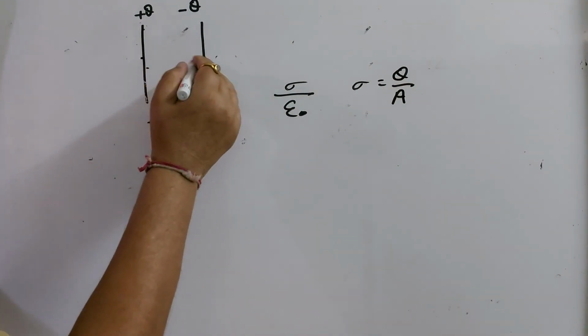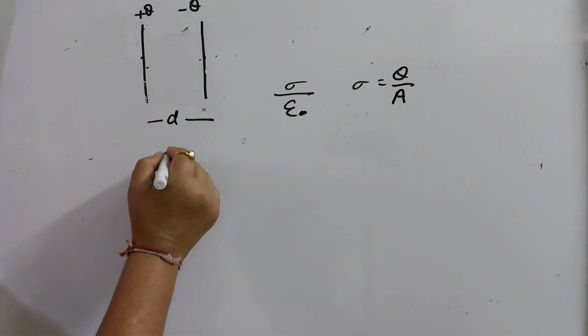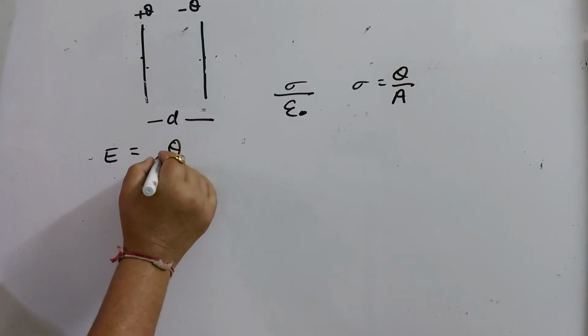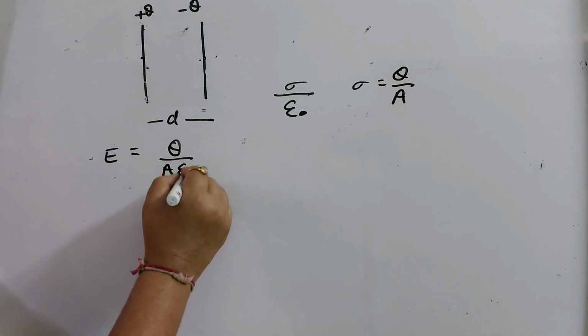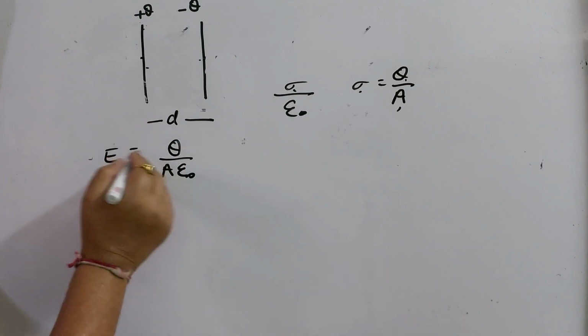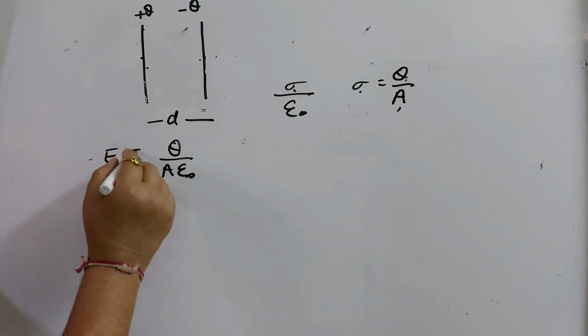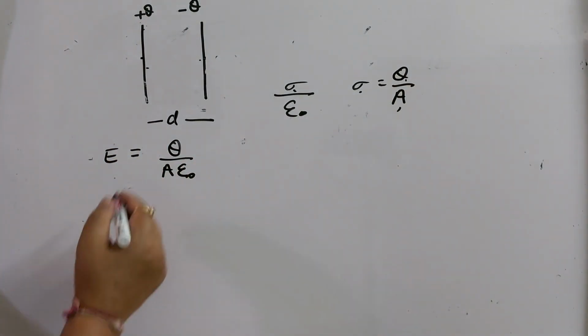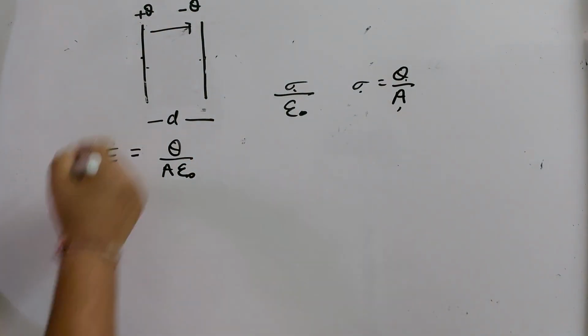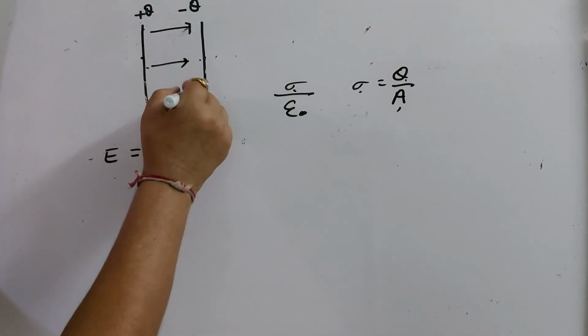So the field between the plates will be E is equal to q by A epsilon naught. The value of sigma is q by A, and this is q by A epsilon naught. This is E, and the direction of the electric field is from positive to negative. This is the direction of the electric field.